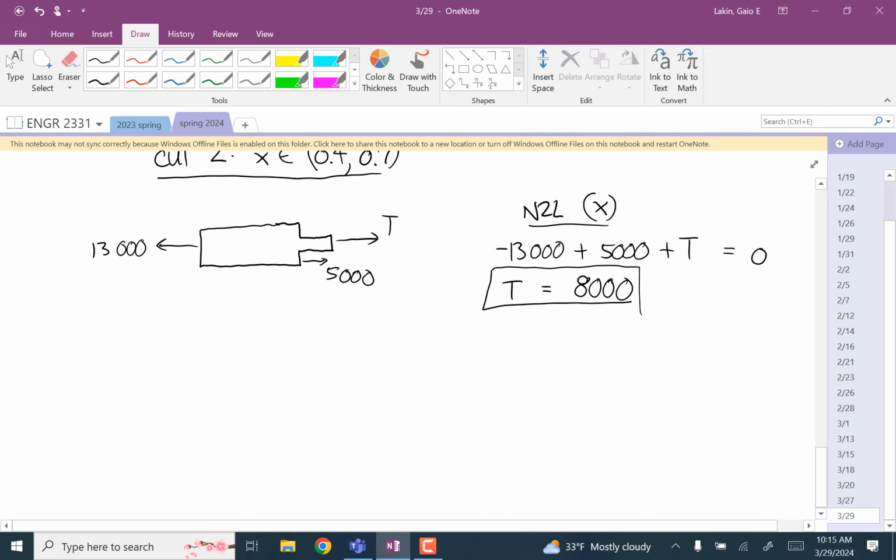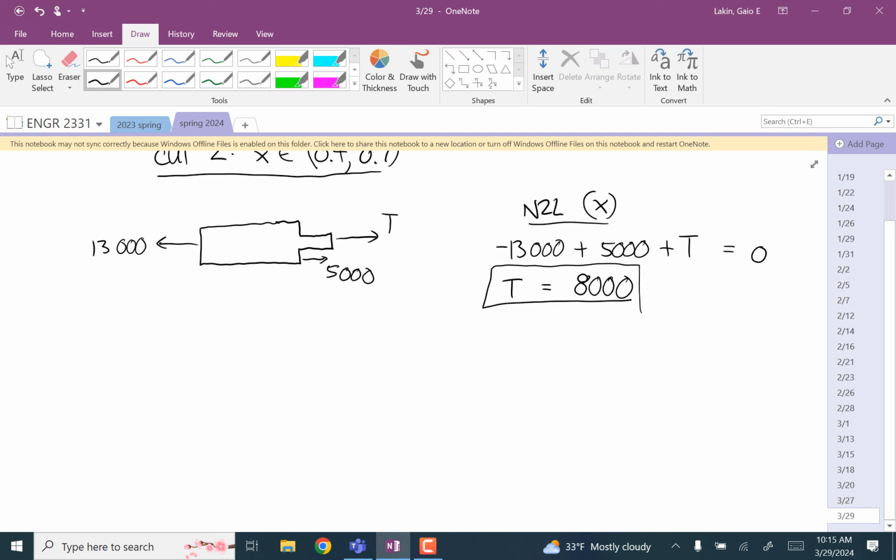All right, and so now the elongation due to tension is TL over EA on the first piece plus TL over EA on the second piece.